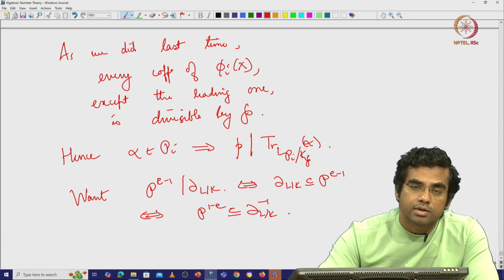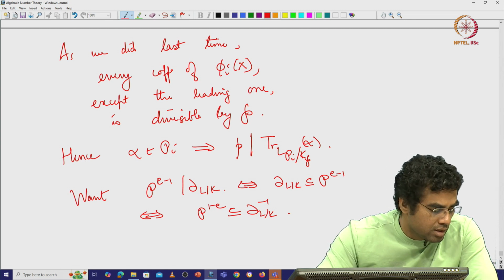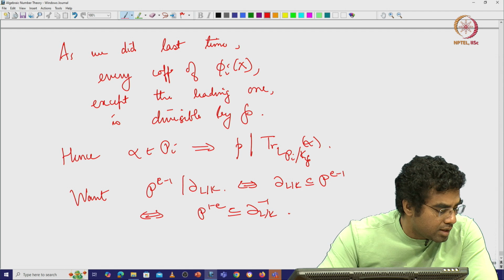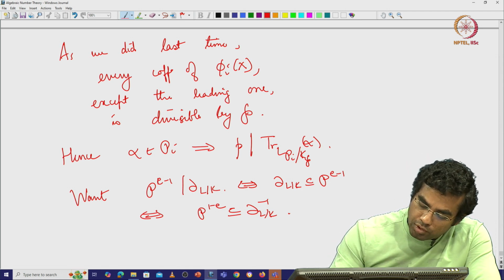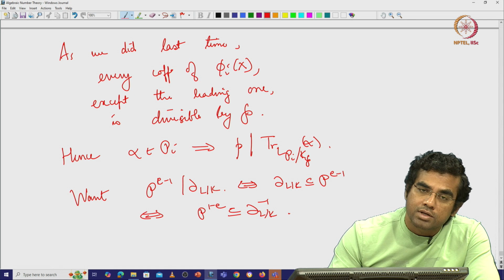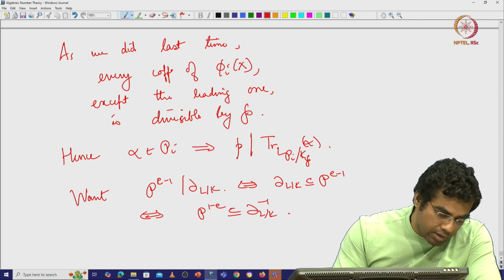Right. As I have said again and again, it is easier to work with the different inverse because that has a more explicit definition. So that is what we want to do. We want to show that if you have something in P to the 1 minus e, then it is contained in the different inverse.